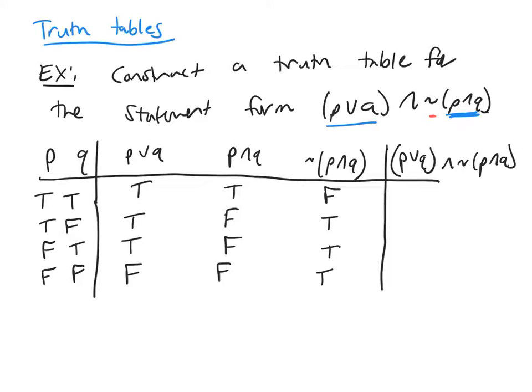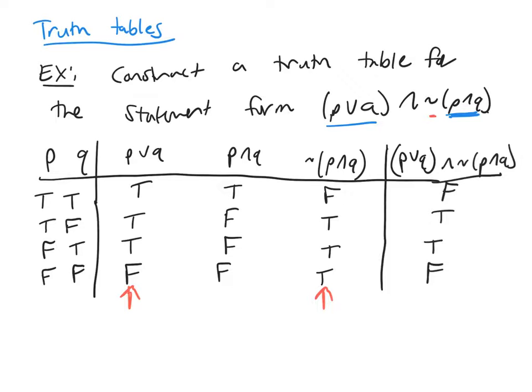So now I'm looking at this column right here, and this column right here, and I have an and between them, so they both need to be true for it to be true. False, true, true, false. And there's my completed truth table.